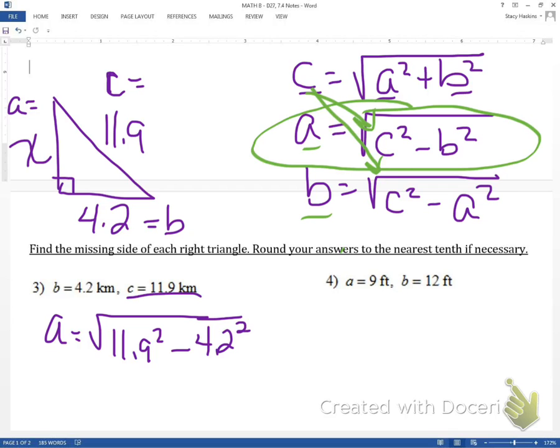Alright, get out your calculator and let's find out what 11.9 squared is equal to. 11.9 squared, I get 141.61 minus 4.2 squared. I get 17.64.